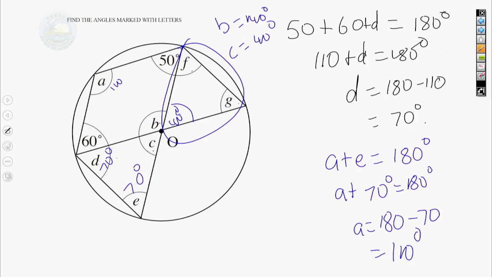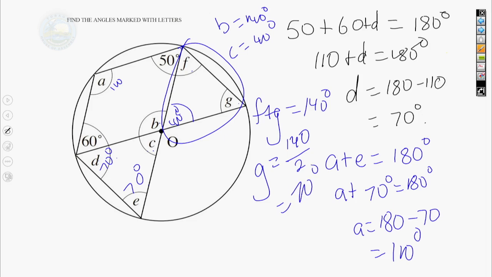And the base angles of an isosceles triangle are equal. So if they add up to 180, it means that F plus G must be the remaining, which will be 140 degrees. So that means that G will be a half of that, and F will also be the same half, so that's 70 degrees. Here is 70, here is 70.